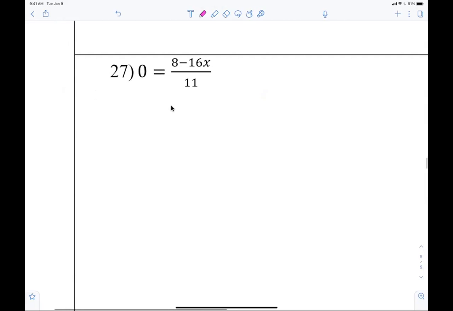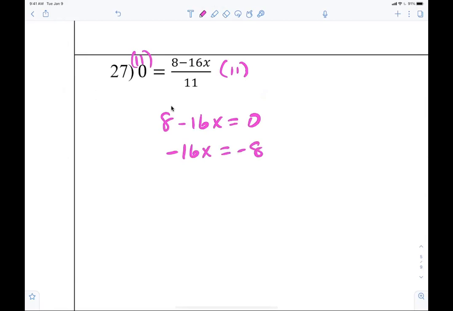27. Would you divide by 11? Well, it's dividing by 11, so I would multiply by 11. What's 11 times 0? 0. So now I'm going to write 8 minus 16x equals 0. Now what do you want to do? Subtract 8, and that gives you -8 equals -16x.